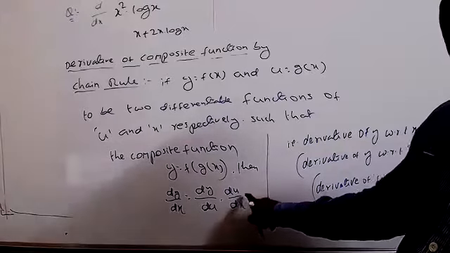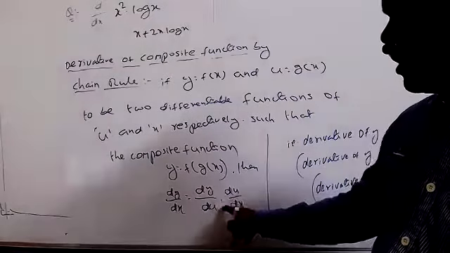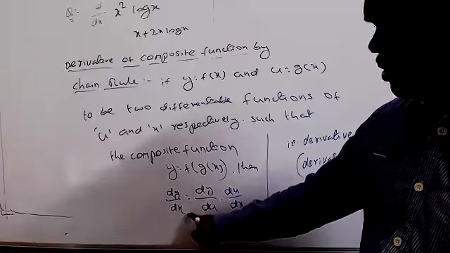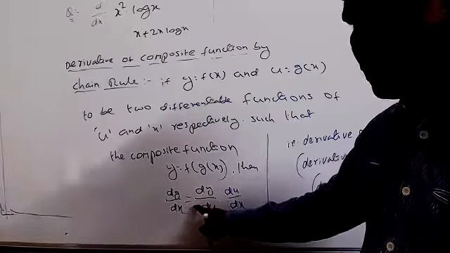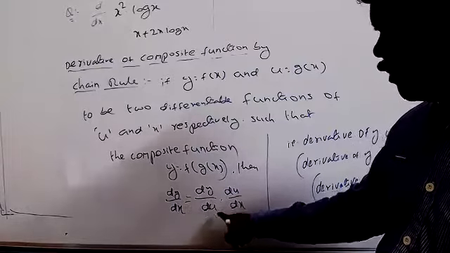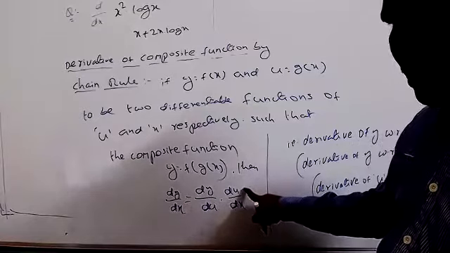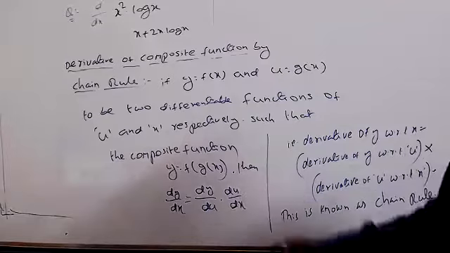This is what we call the chain rule. The meaning of dy by dx equal to dy by du into du by dx is: derivative of y with respect to x equal to derivative of y with respect to u into derivative of u with respect to x. This is known as chain rule.